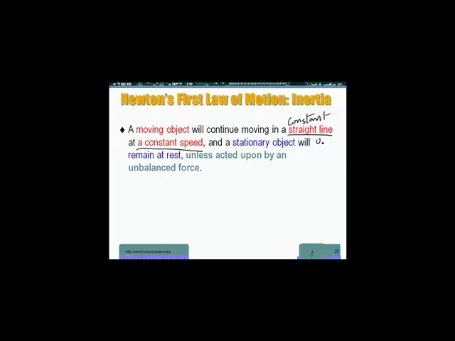A constant velocity would be a velocity that does not change direction and that does not change in magnitude, in the amount. So Newton's first law, when we use velocity, is going to be expressed: a moving object will continue moving at the same velocity, and a stationary object will remain at rest unless acted upon by an unbalanced force.